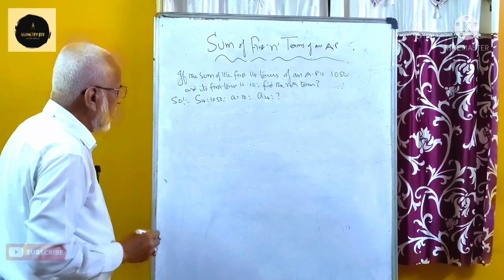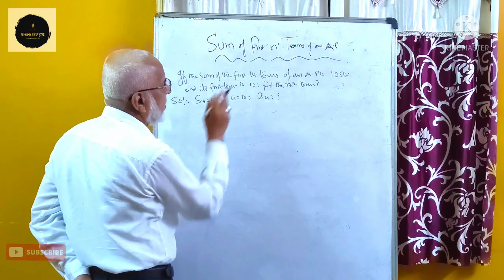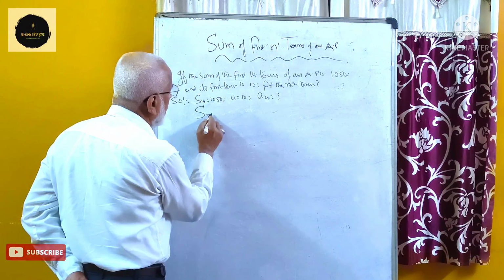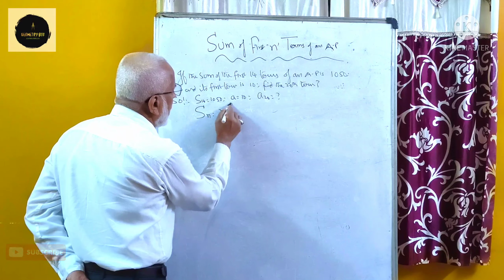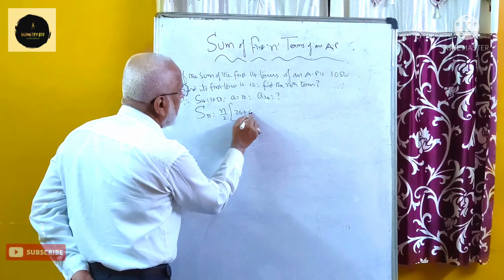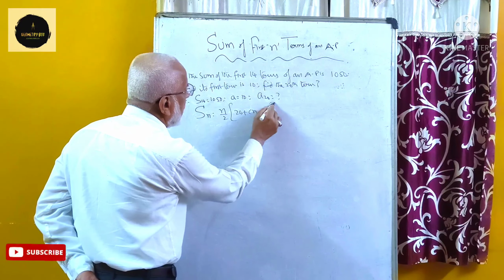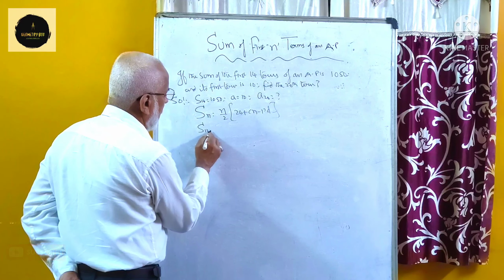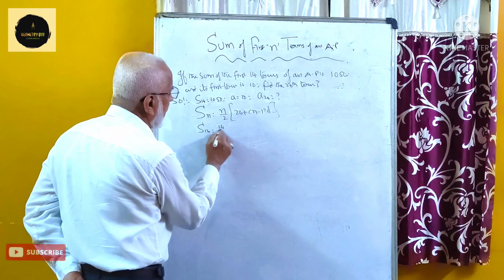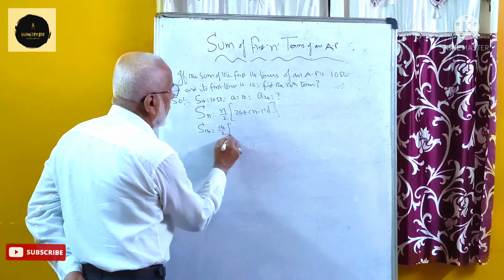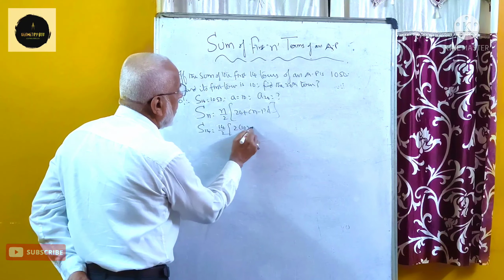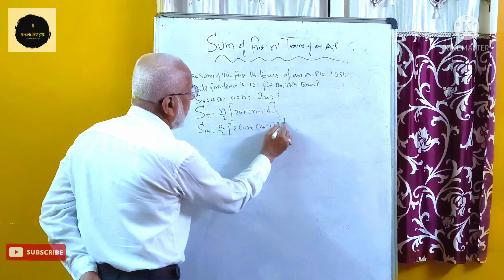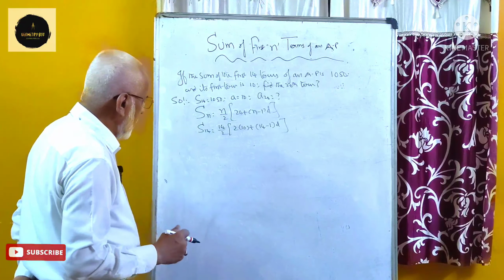First write down the formula for the sum of the first n terms: Sn equals n by 2 into 2a plus n minus 1 into d. Here S14 equals 14 by 2 into 2 into 10 plus 14 minus 1 into d, because we do not know the value of d.